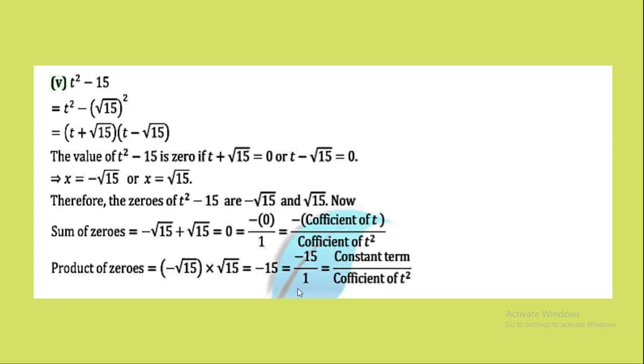Here we have the coefficient of t square as 1, so we can take this minus 15 as minus 15 by 1, that is, the minus 15 is the constant term here. Thus we verified that the product of the zeros is equal to constant term by coefficient of t square, and verified the relationship between the zeros and the coefficients of the polynomial.